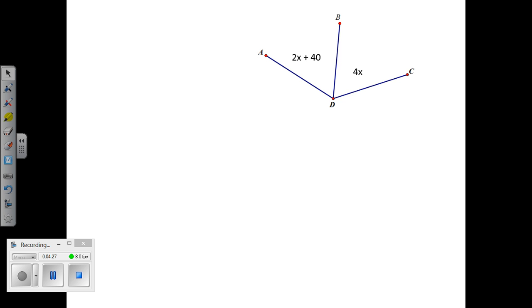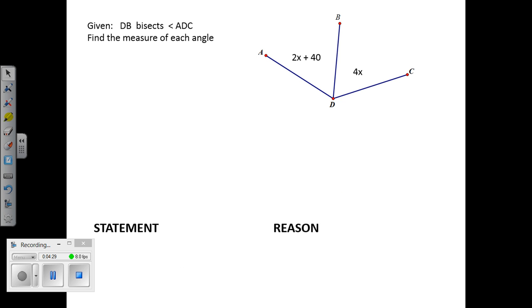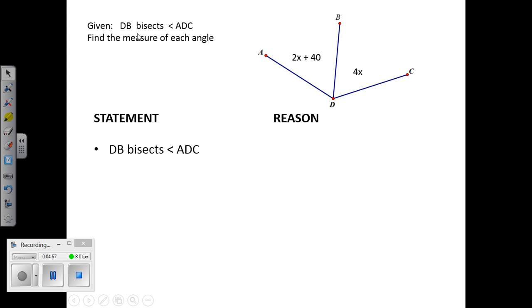In this problem, we're given that the ray BD is bisecting angle ADC. What does that mean? It's creating two equal angles. Really, in a formal proof, we want to account for everything that's given. So we're going to write down that DB is bisecting ADC. Now, where did you get that? That information was given to you.